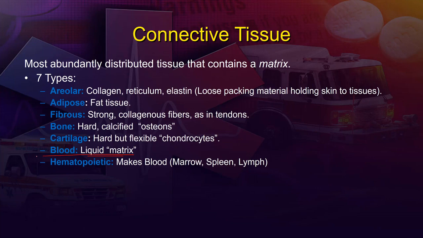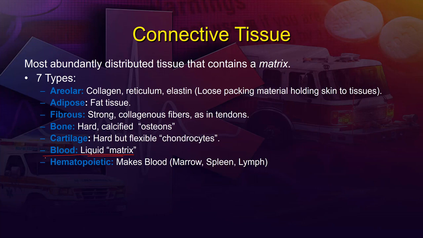Even if we don't know much about the matrix, we know it traps red blood cells and will eventually create a clot and hopefully a scab that prevents bleeding from occurring over the long term. Because of that, the matrix within that process is involved in the tissue that becomes blood. So don't forget that there is a liquid matrix that falls within the connective tissue subtype.